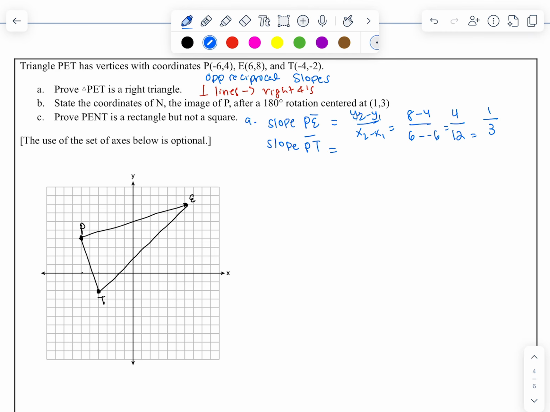The slope of PT would be negative 2 minus 4 over negative 4 minus negative 6. That's negative 6 over 2. And in simplest form, that is negative 3. And look at that. If I put this over 1, it's easier to see. We have opposite reciprocal slopes.